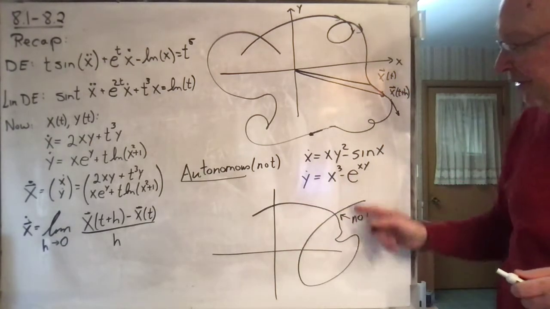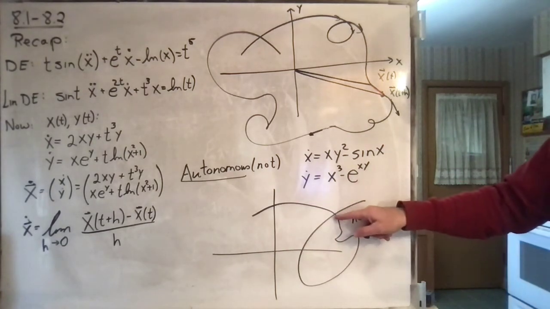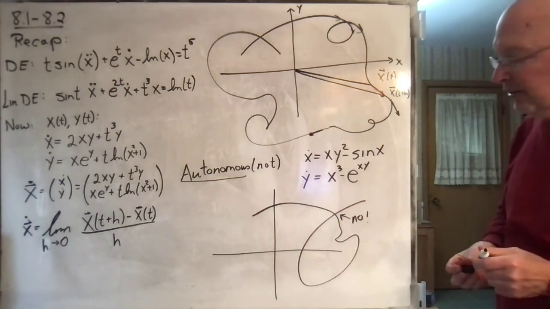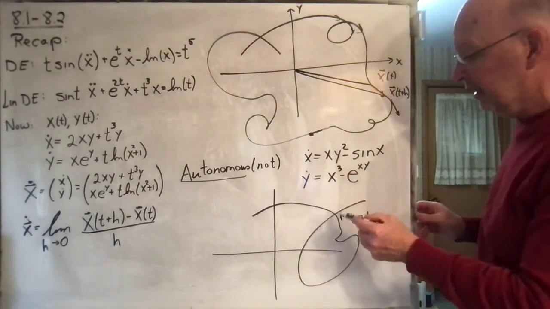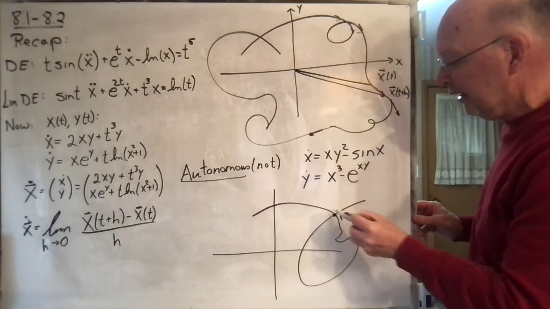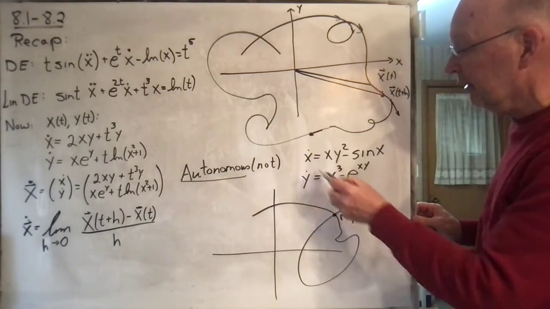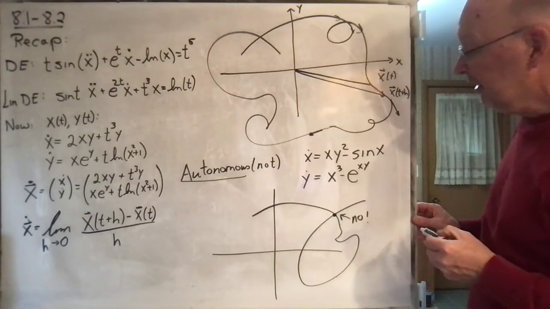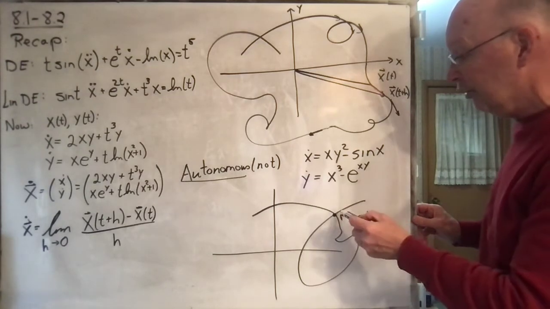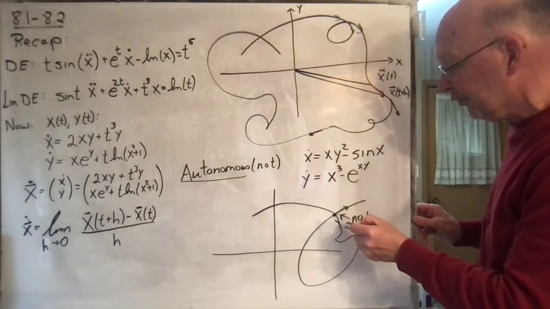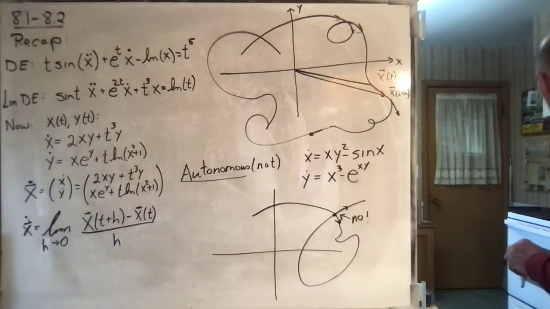Here, if this is the graph of this, there's no way that this graph could cross itself, because basically what you're saying is that if you're right here, it doesn't matter what the time is, given right here, this system has to be able to tell you which way you're going. And you've got a couple different options for which way you go there.